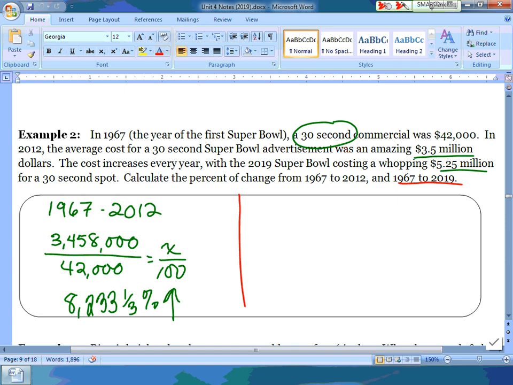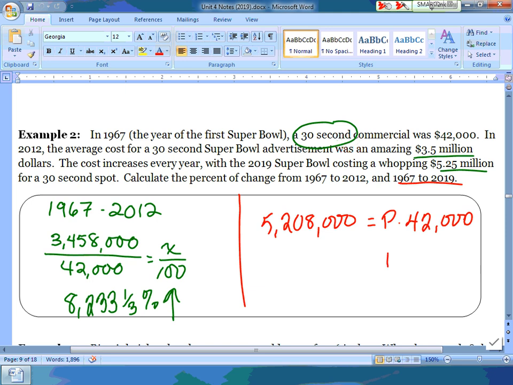So the difference between the two amounts from 2019 to 1967, or vice versa, was $5,208,000 per 30 seconds. That's the part. The percent, we don't know. The whole amount, again, is the original, the 42,000.